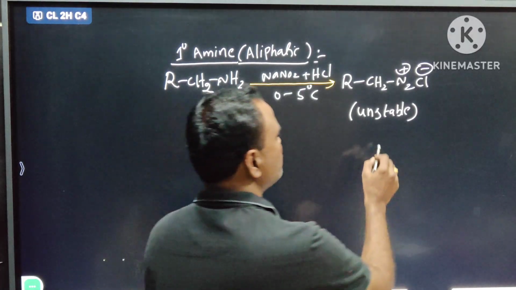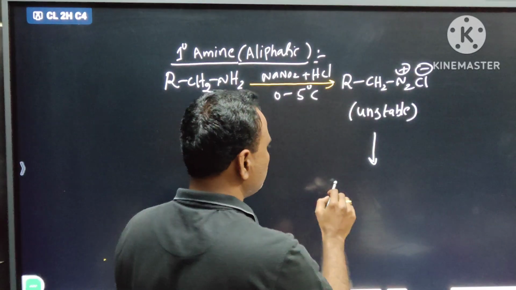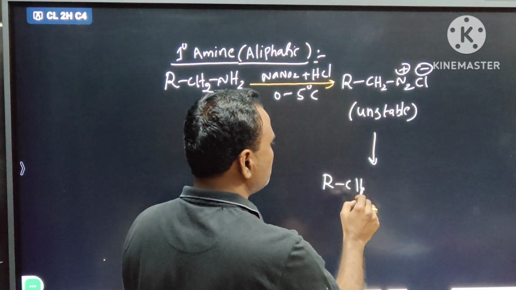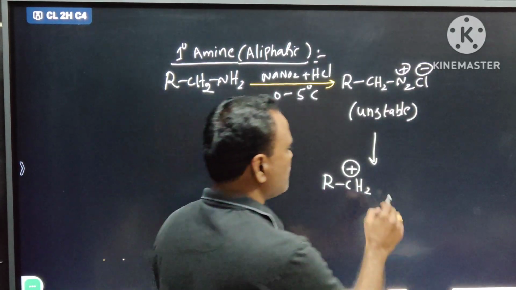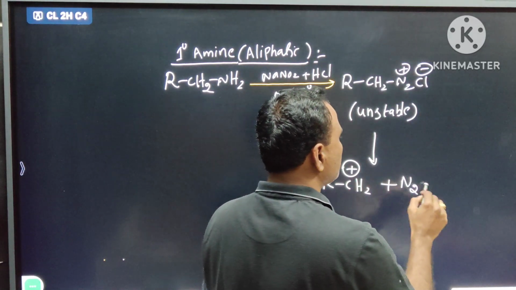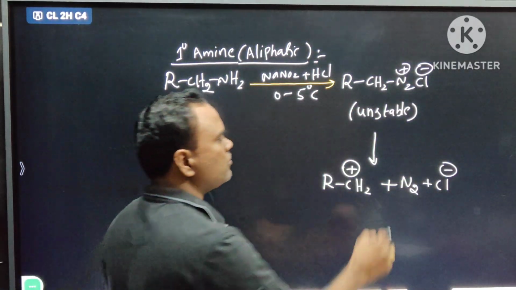So after some time, what happens? It will dissociate into, you tell me, this is carbocation plus nitrogen gas and Cl negative. Unstable, so it undergoes decomposition.